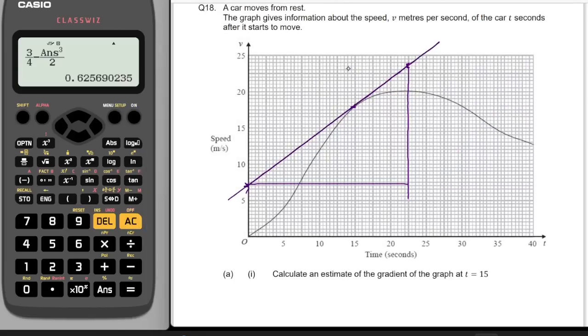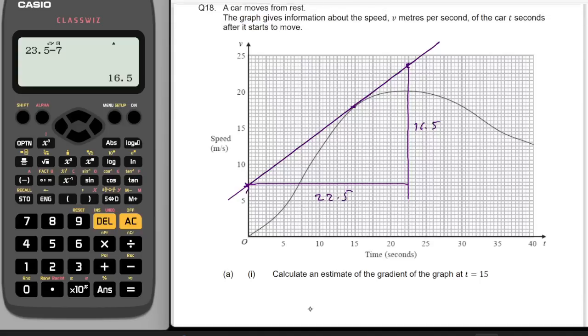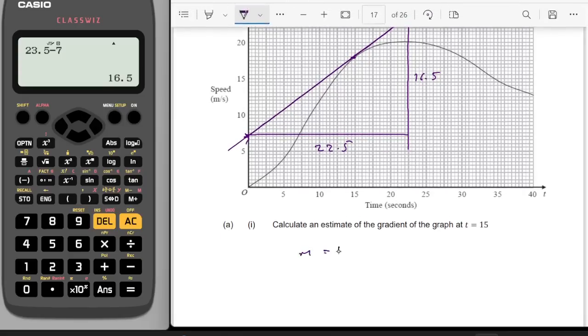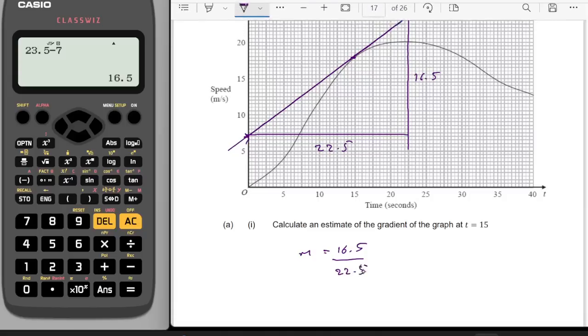So I've gone from 23.5 minus 7, is a fair approximation. So I've gone 16.5 up, and then across I've gone 22.5. So my estimate for the gradient is going to be equal to 16.5 divided by 22.5.